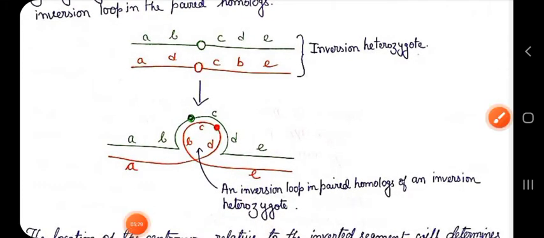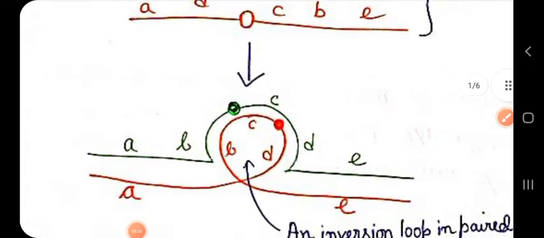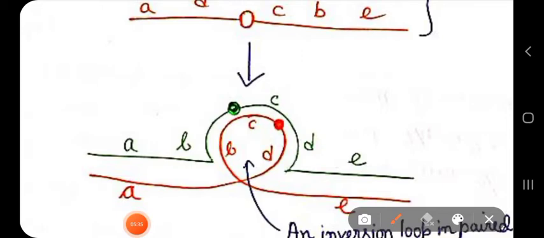This is a simplified diagram. I'm trying to zoom in. So you can see here that it forms an inversion loop. The inversion loop is created so that it can pair with its homologous chromosome within the inversion heterozygote.